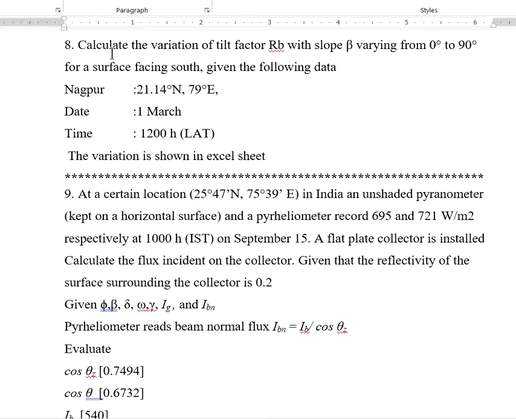Now this is another problem: calculate the variation of tilt factor RB with slope beta varying from 0 degree to 90 degree for a surface facing south, given the following data. So Nagpur location is given, date is given, time is given. So we have made a sheet here.